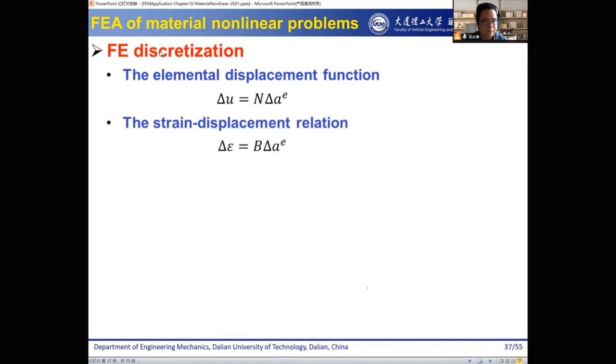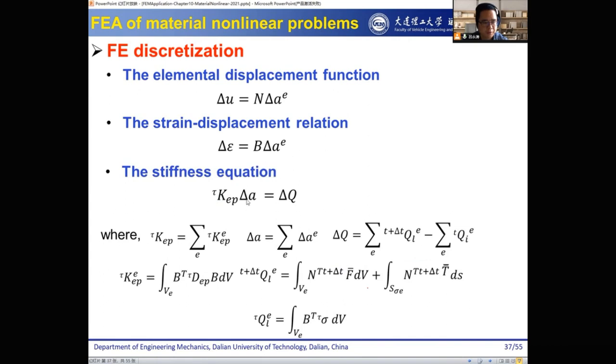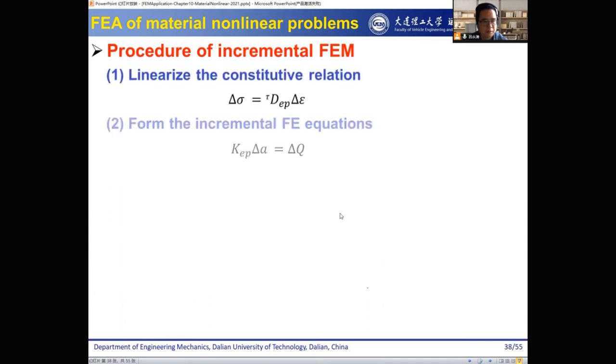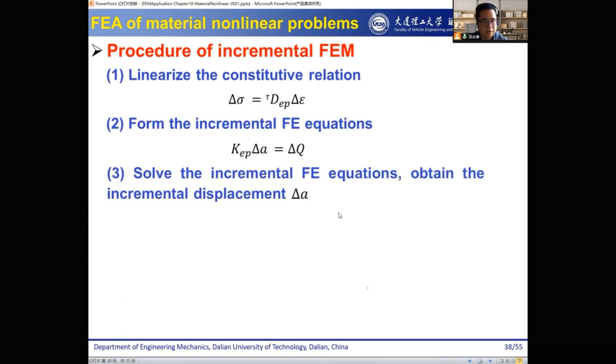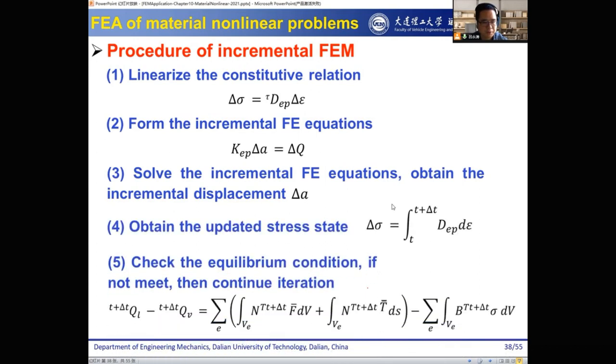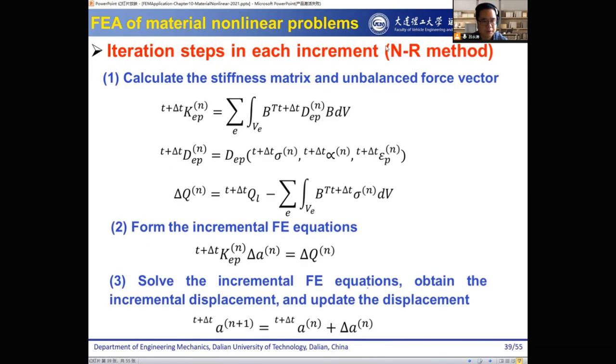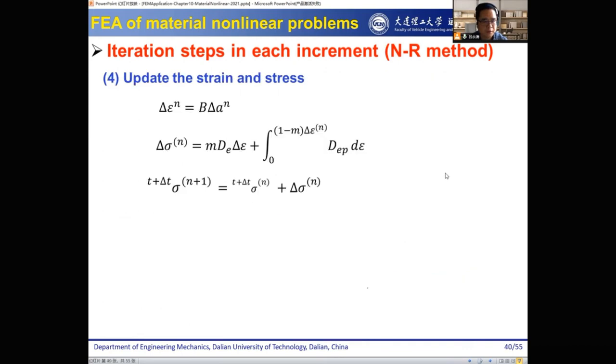We do the FE discretization, and we have the stiffness equation in terms of the incremental variables. We solve those equations and obtain the equilibrium condition. Then we use the Newton-Raphson method to solve those equations.